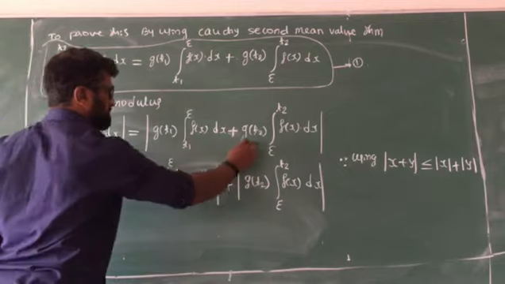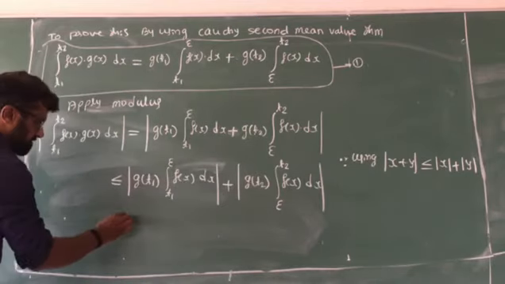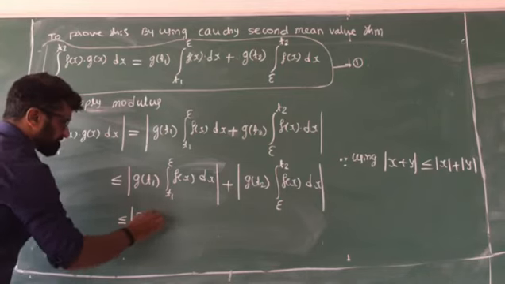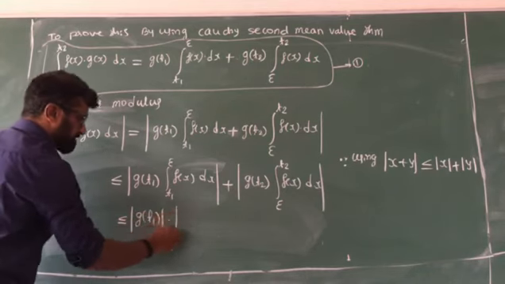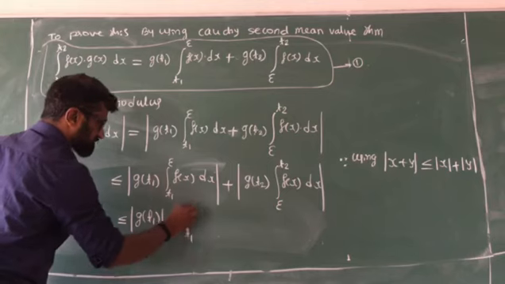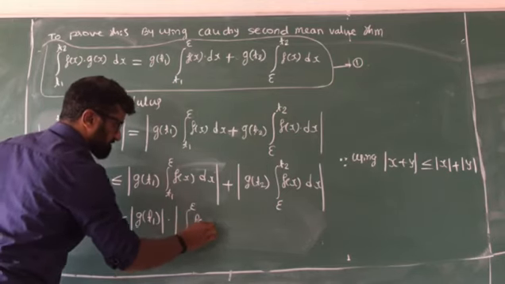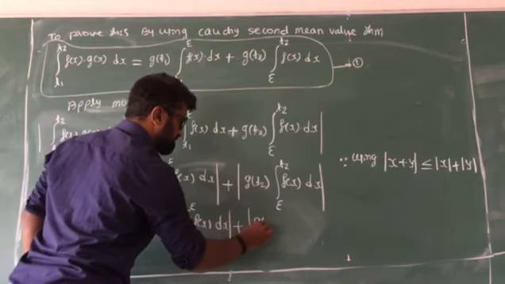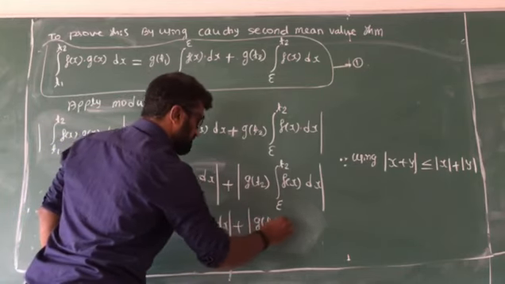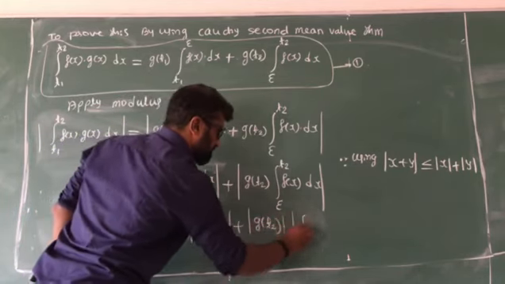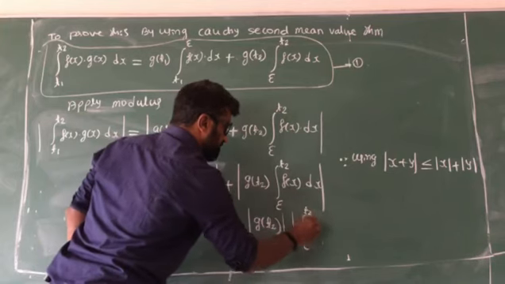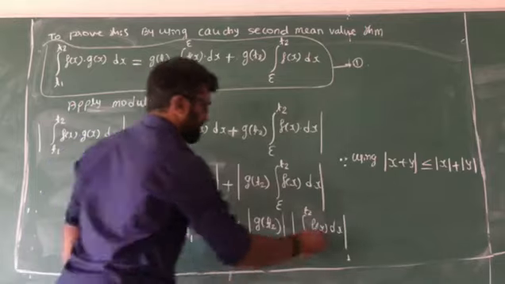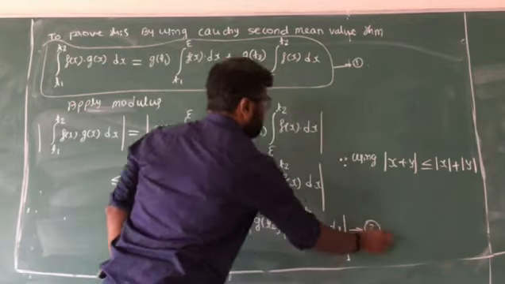Taking those two as x and y, this is less than or equal to modulus of g of t1 into the modulus of the integration of t1 to epsilon of f of x dx plus modulus of g of t2 into the modulus of the integration of epsilon to t2 of f of x dx. Call this equation 2.